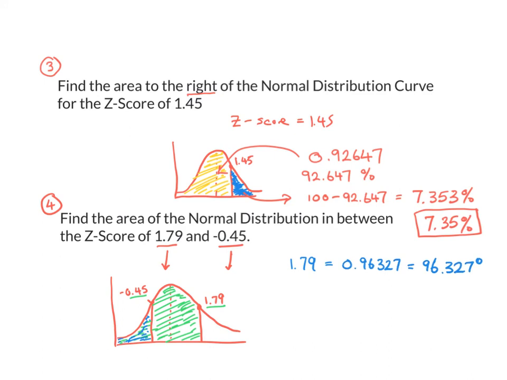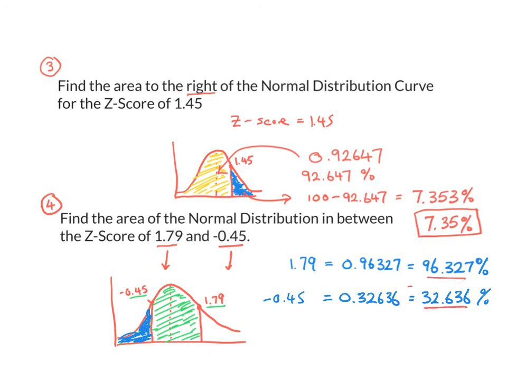Negative 0.45 is 0.32636. So 32.636%. And that is just going to be the blue area there. So if we subtract the top one minus the bottom one, we'll get the green area.